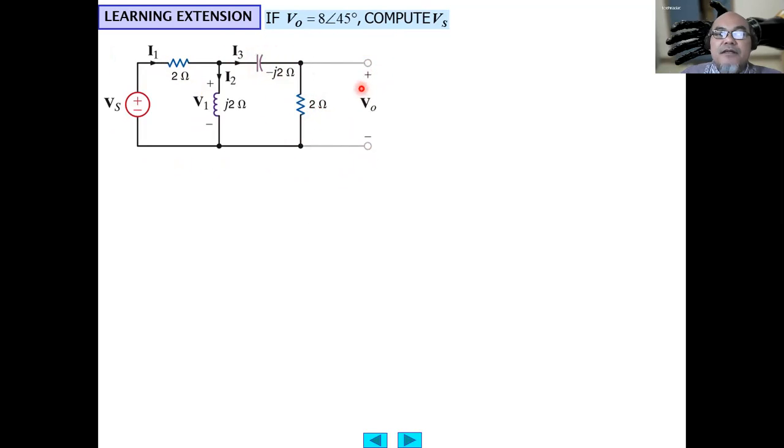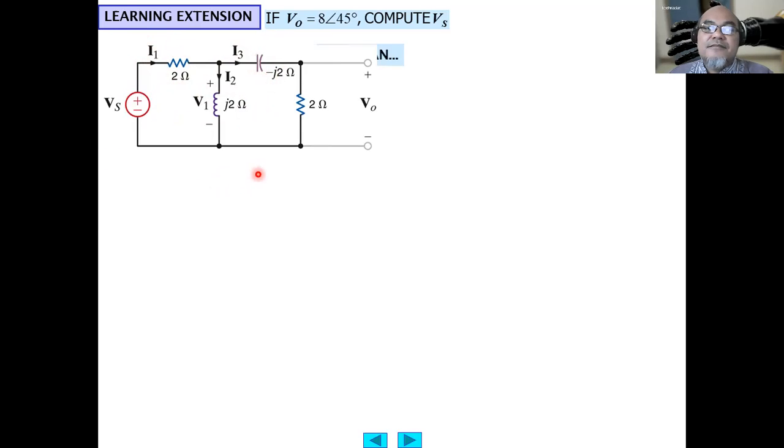So from Ohm's law, we can calculate I3. And using the current divider formula, we can have I1. And first, we also have to find the equivalent impedance of all. And then by multiplying I1 with that equivalent impedance, we will obtain Vs.